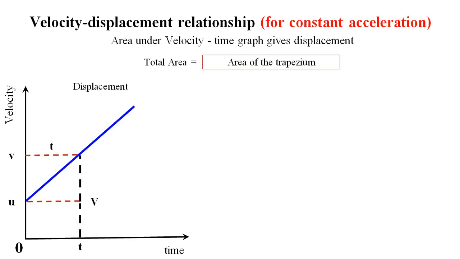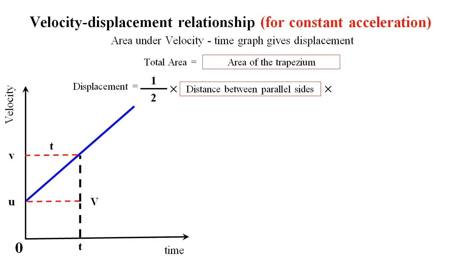So total area is displacement, equal to half times area of trapezium, is half times distance between the parallel sides, that is time taken t in this case, the distance between these two parallel sides, so distance between them is t, times sum of the parallel sides. The one parallel side is u and other parallel side is v.